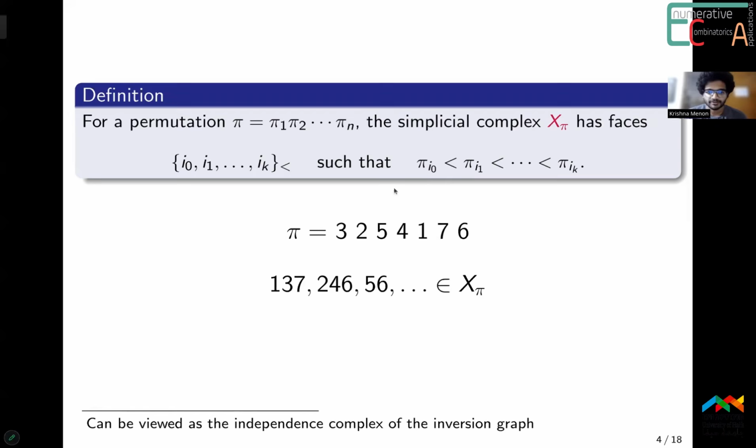So for example, if pi is this permutation over here, 3, 2, 5, 4, 1, 7, 6, then {1, 3, 7} is a face of X_pi, because if I look at the first term, the third term, and the seventh term, they form an increasing subsequence, 3, 5, 6. So {1, 3, 7} is in X_pi. And similarly, you can find out what the other faces of X_pi are. And it is clear that this is a simplicial complex.